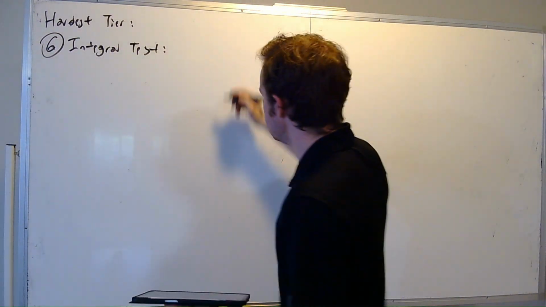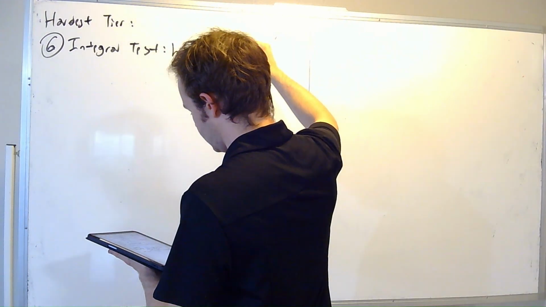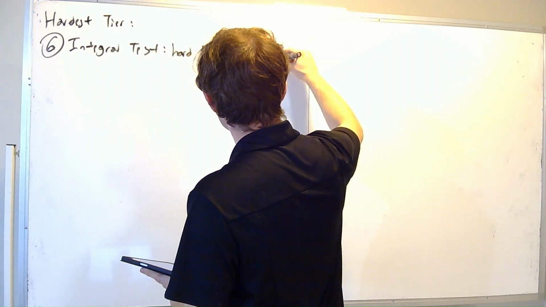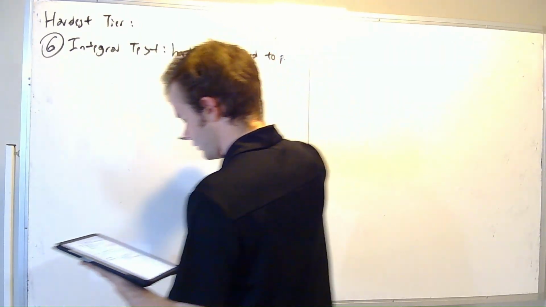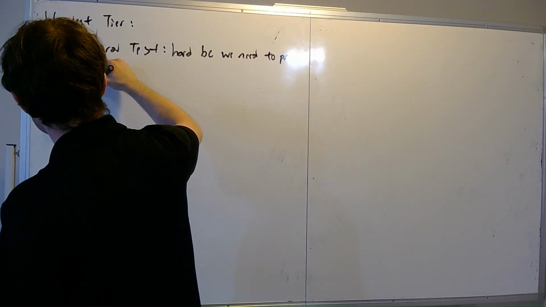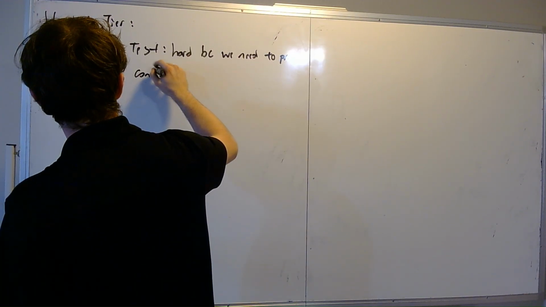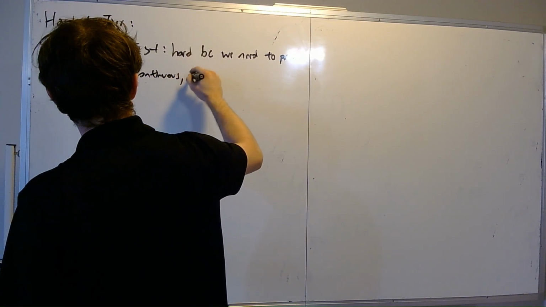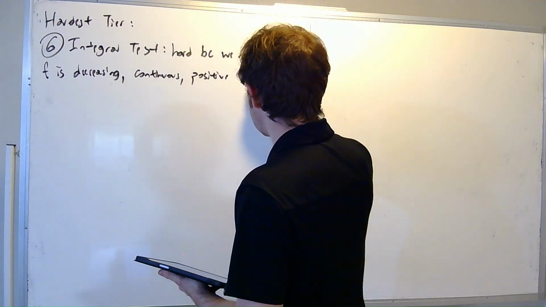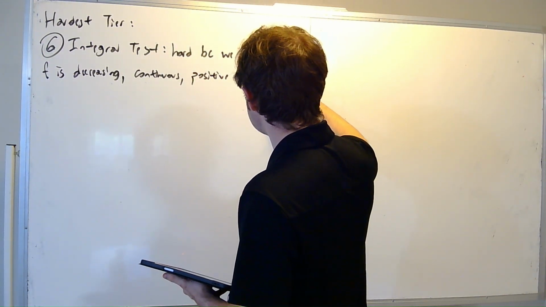Okay, so I'll say that this is hard because we need to prove that f is decreasing, continuous, and positive, and on top of all that we need to solve an integral.